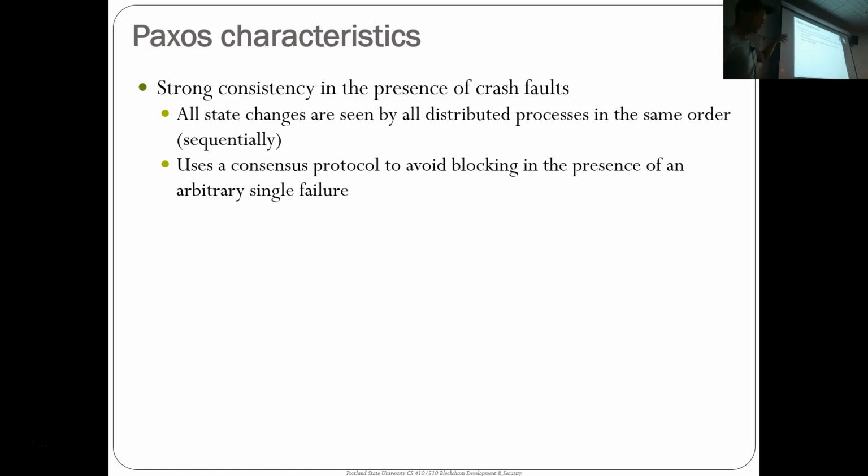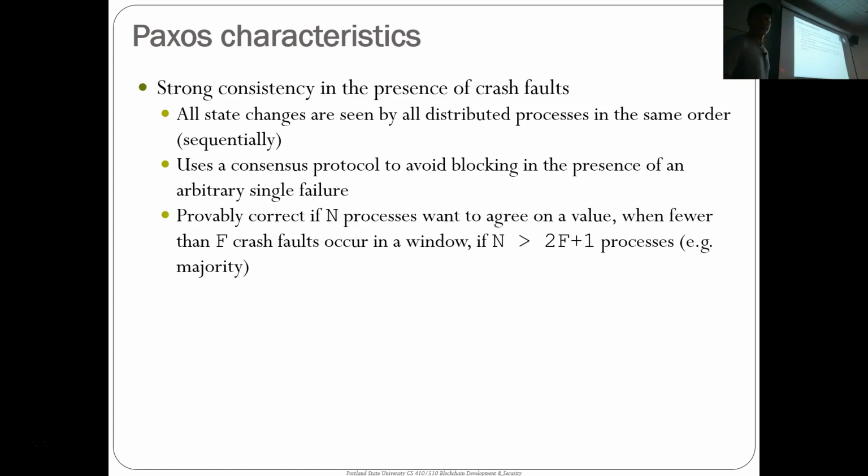So it does this with a consensus protocol that avoids blocking in the presence of any single failure. So it's tolerant to single failures. Okay, and it's provably correct if n processes want to agree on a value, as long as a majority of nodes are still working.